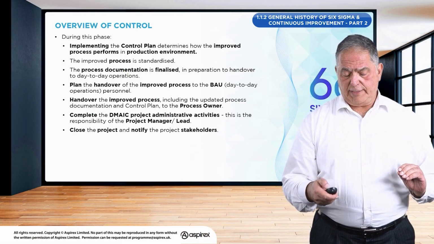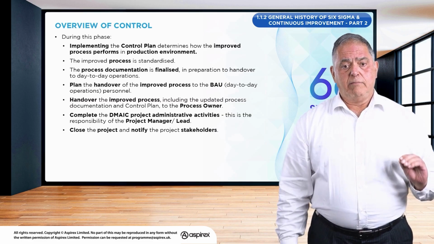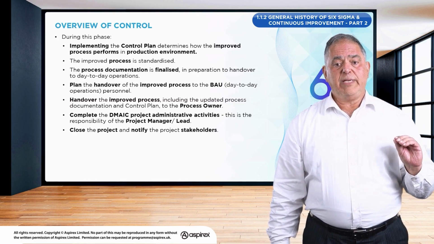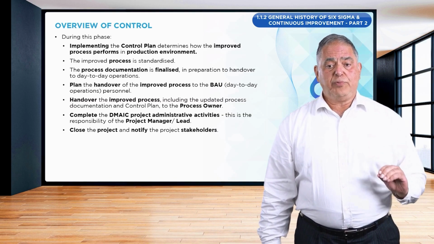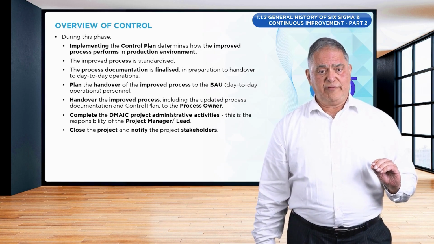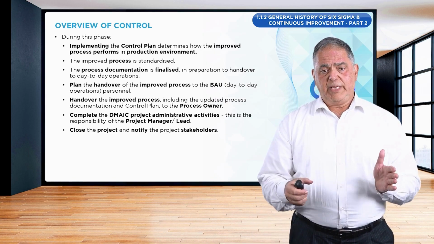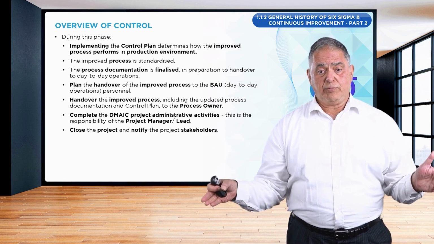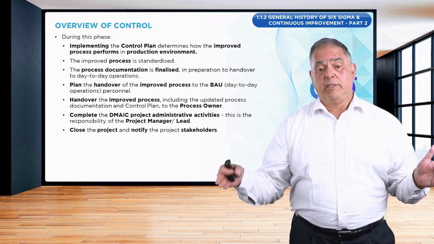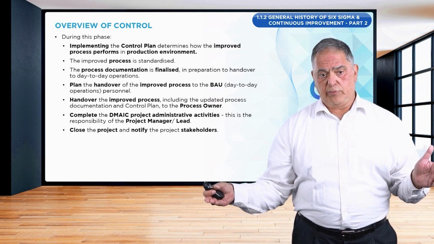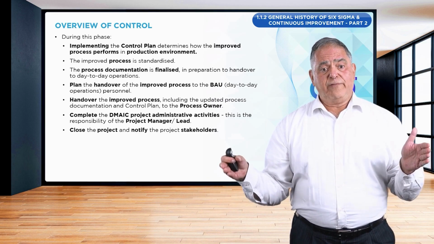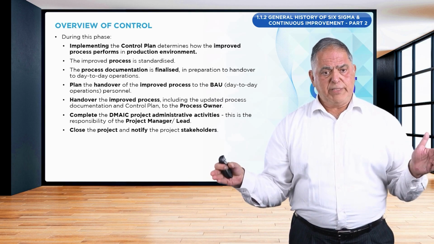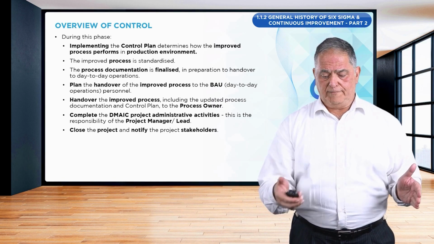During this phase, we have to determine how the improved process performs in a production environment. This means that we're going to run the improved process in a production environment which resembles day-to-day operations for a brief period of time, typically over a few weeks.